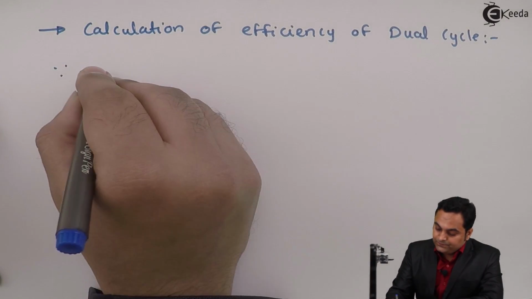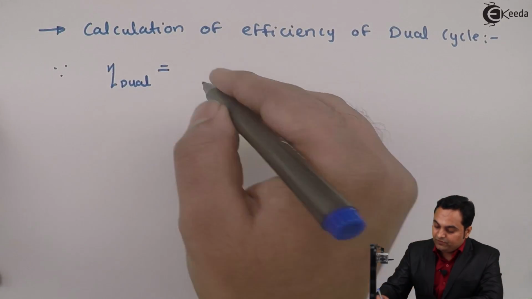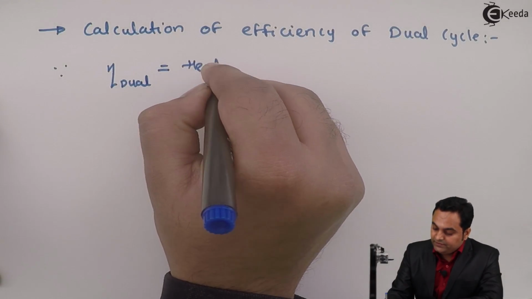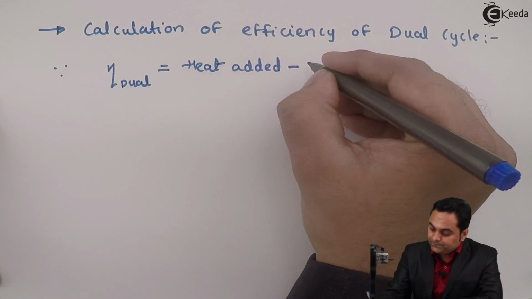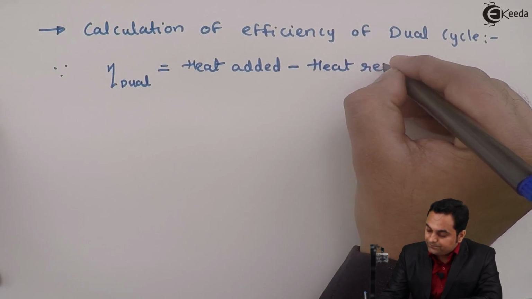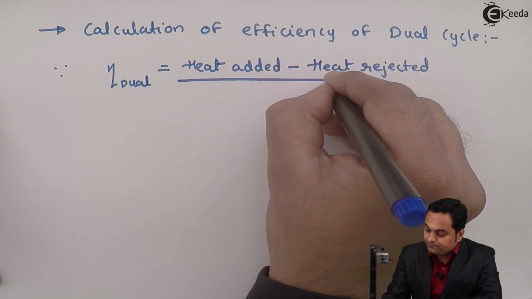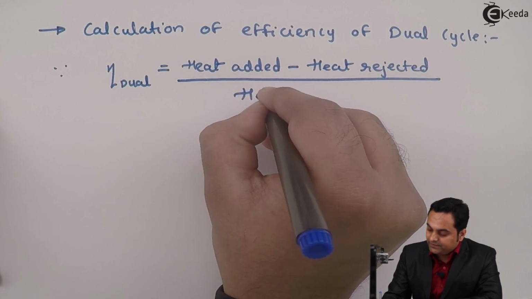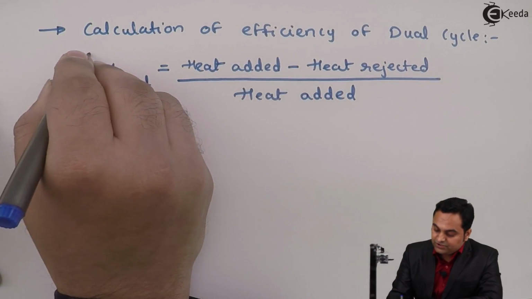The efficiency of dual cycle can be written by a general formula, that is heat added minus heat rejected upon heat added. This is the general formula.